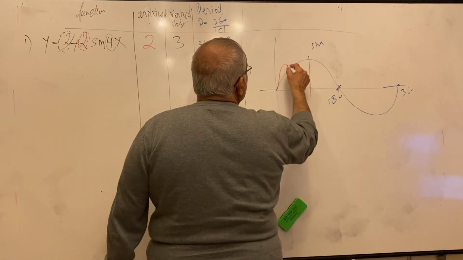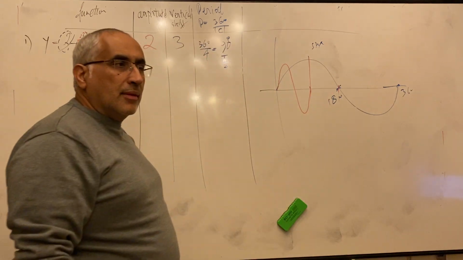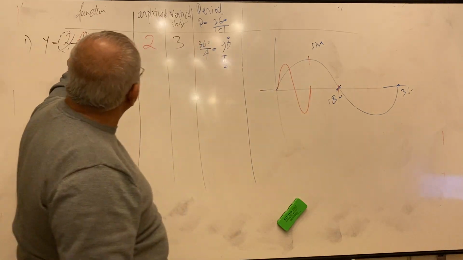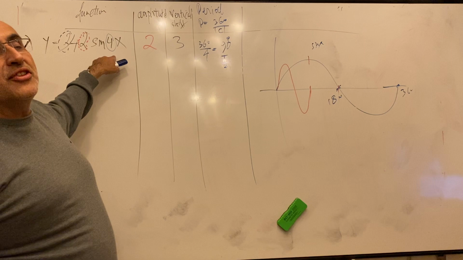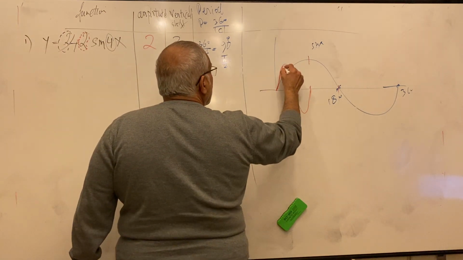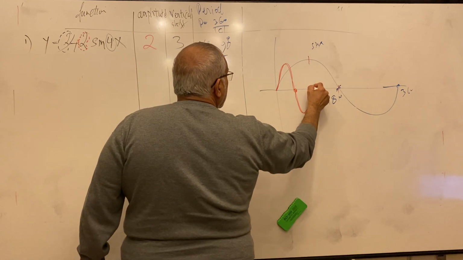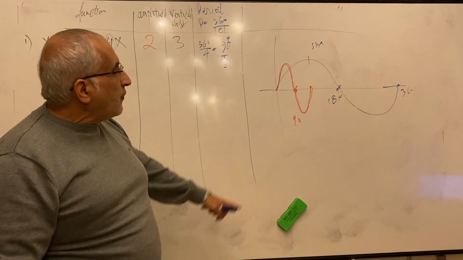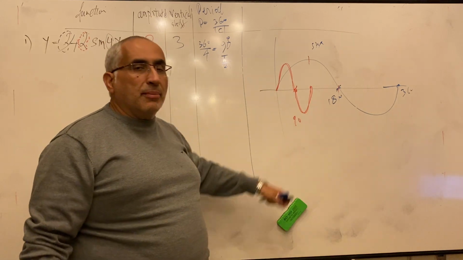So the graph looks like this. The red one is that one, because the period is 90. So a full cycle from here to here is 90 degrees. So half of it is 45, half of 45 is 22.5, and so on.